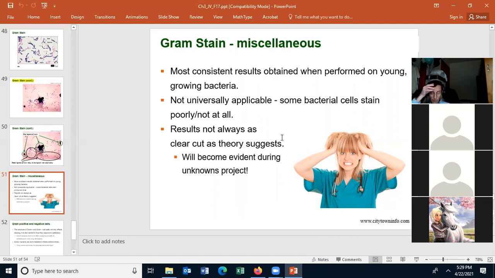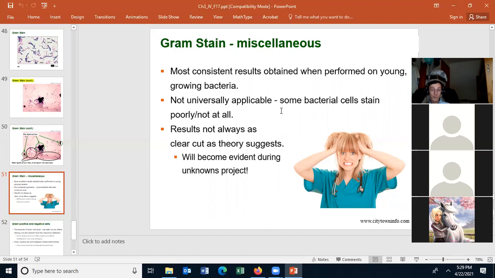Mycobacteria, if you don't know, are gram-positive cells. But sometimes they will be lighter staining than other cells, and it's just because the cell wall has a bunch of lipid in it, and it doesn't like taking in water-soluble stain.